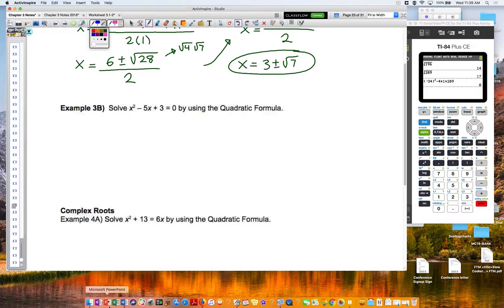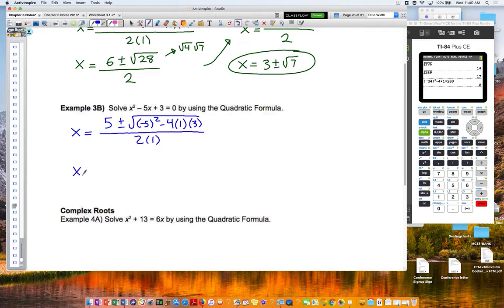All right, coming back to 3B here, I'm just plugging it into the formula. You can see how this is just plugging and chugging. Negative 5 squared minus 4 times 1 times 3 all over 2 times 1.